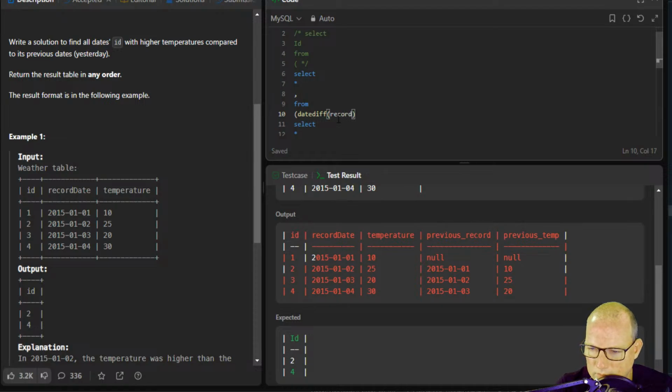Record date and previous record as day count.